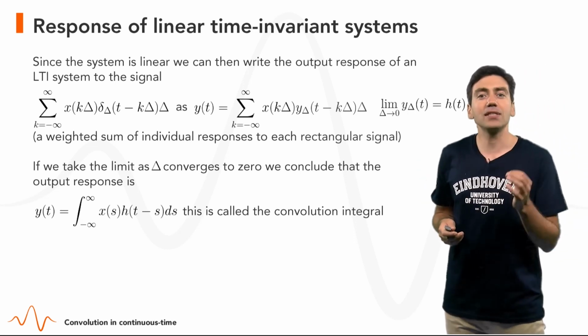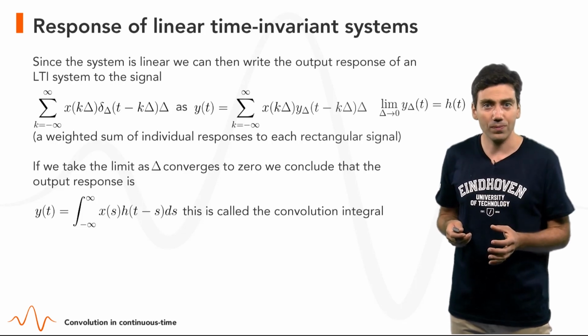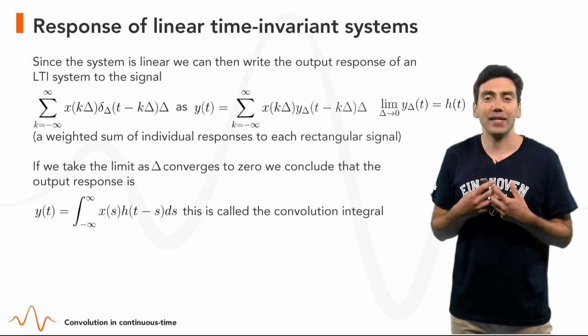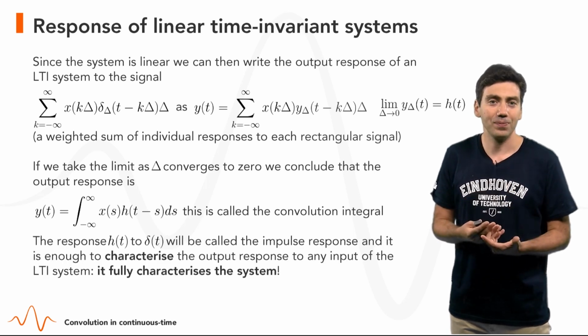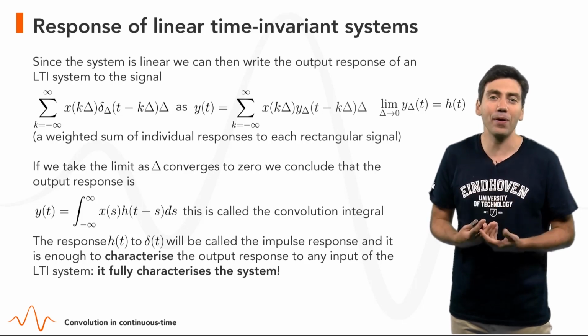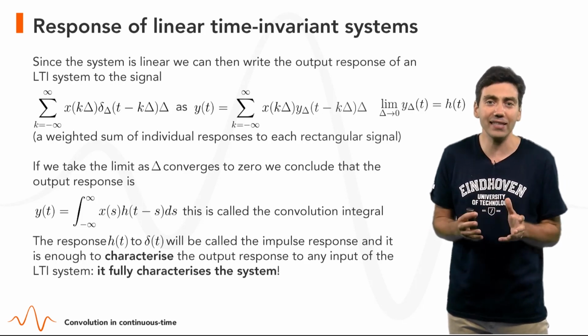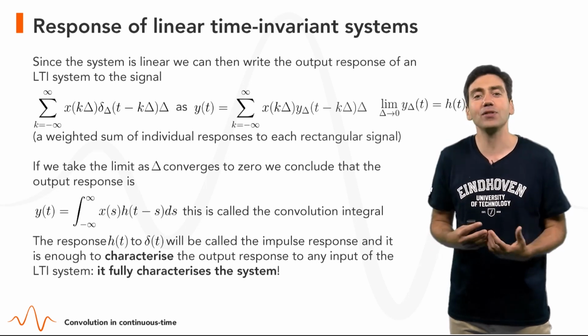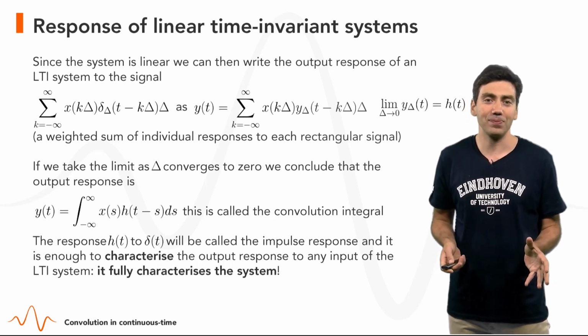And this integral is known as the convolution integral. This convolution integral only depends on the impulse response h. Therefore, as in discrete time, it is enough to characterize the response of an LTI system to any input, and so the impulse response h of t fully characterizes the system.